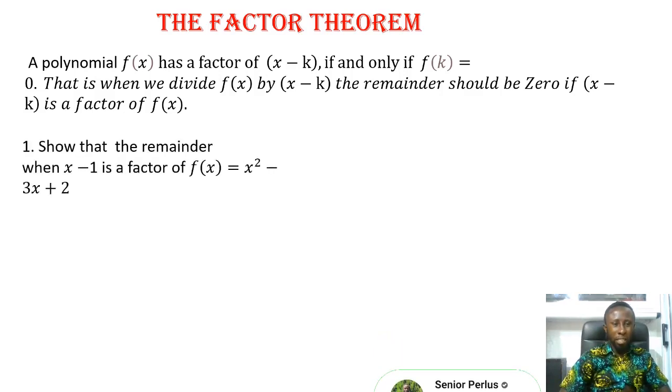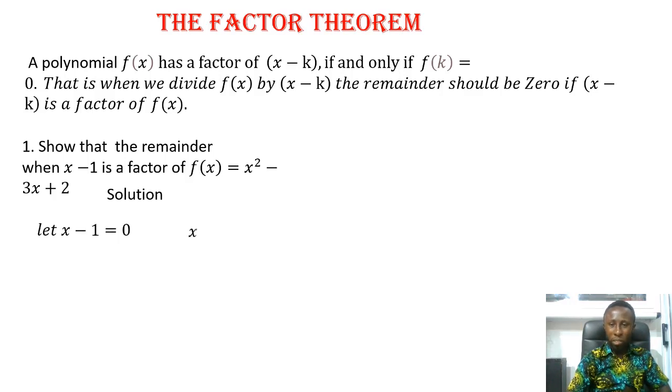Show that s minus 1 is a factor of f at s equals s squared minus 3s plus 1. So they say show that. So we can just say, solution, let s minus 1 equals 0. Therefore, s equals 1. Then we substitute in there.